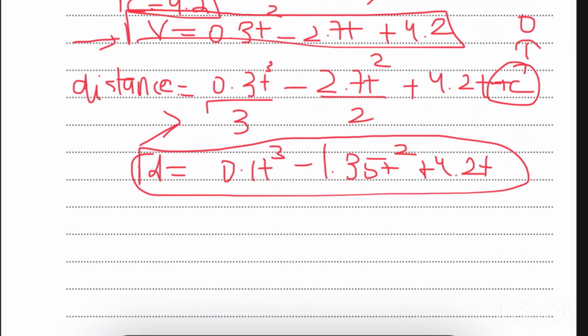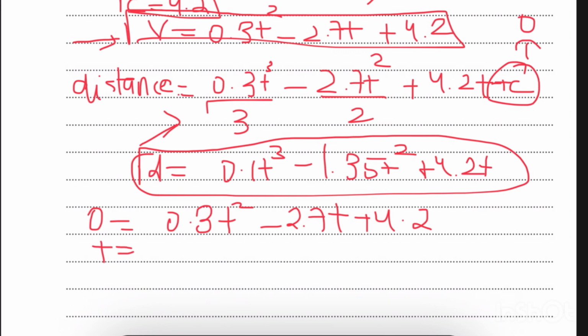So we can equate that to 0 to get the time. So 0 must be equal to 0.3t squared minus 2.7t plus 4.2. After using the quadratic equation, we get that t is equal to 7 and t is equal to 2.